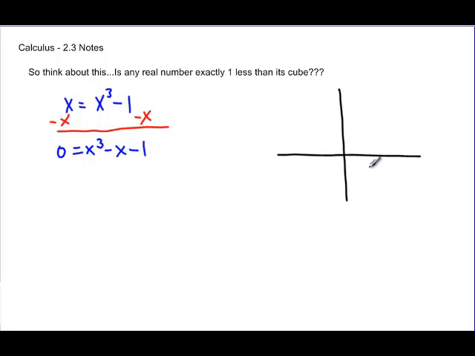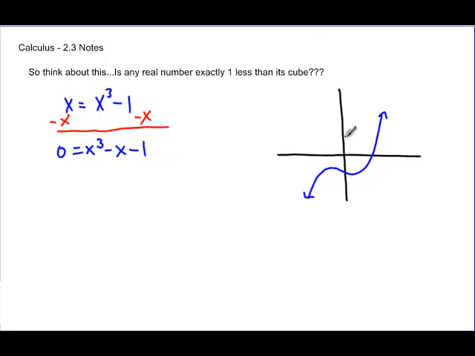And it looks like this. If you graph this on your calculator, you're going to get a graph that looks something like this. Go ahead, graph it on your calculator. It'll look about like this.